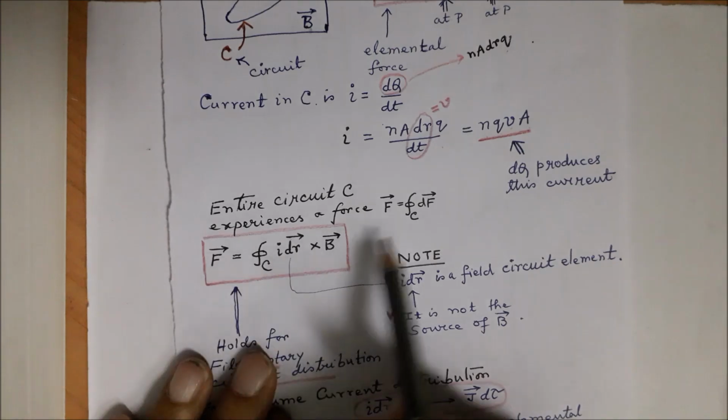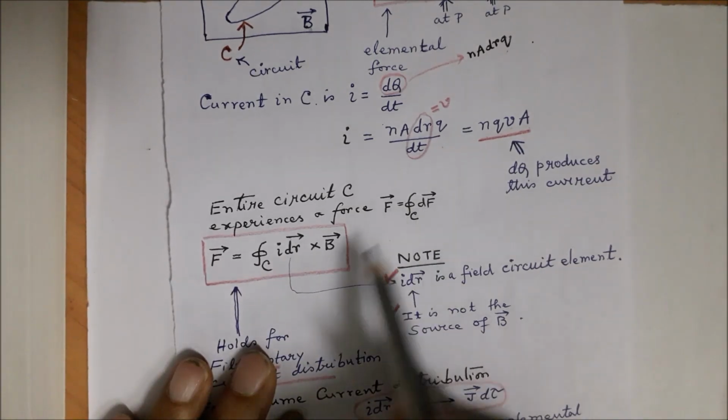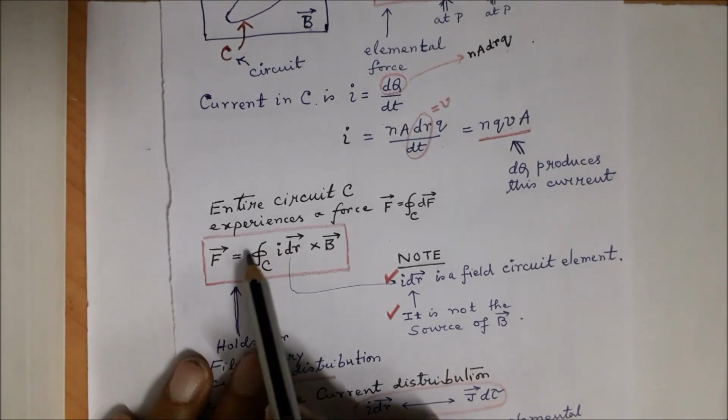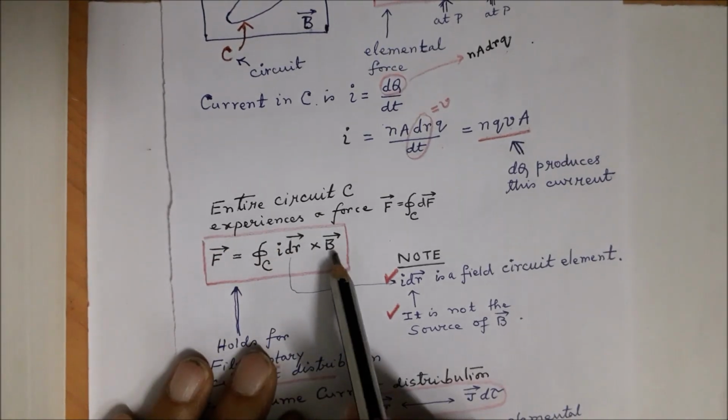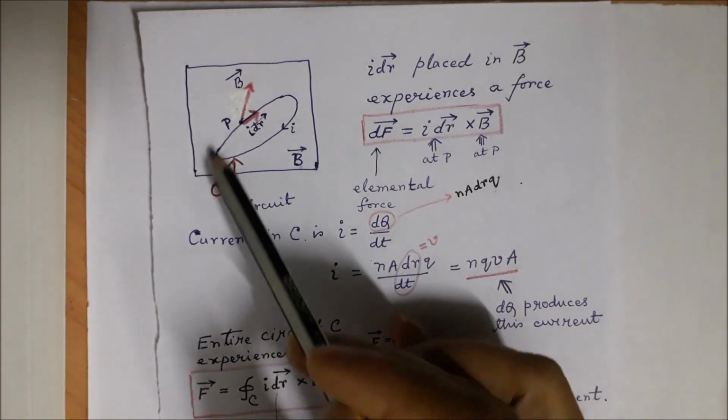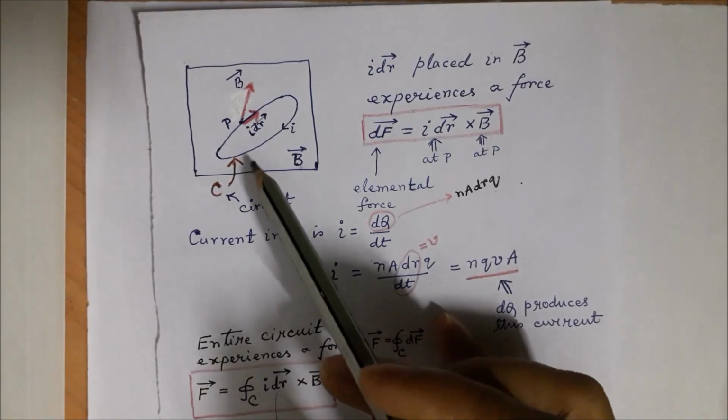So vector F is just you integrate over dF, and therefore we get this relation. F is the closed integral over C of I dr cross B, closed because the circuit is closed. That is what we have taken.